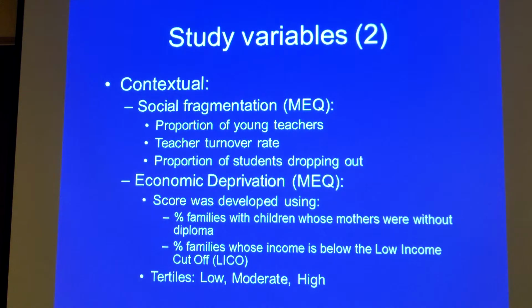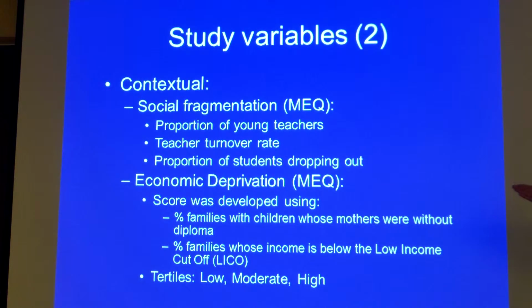In terms of contextual factors, for social fragmentation I used Ministry of Education of Quebec data. These 3 measures, proportion of young teachers, teacher turnover rate, and proportion of students dropping out, were measures of social fragmentation. A summation score was created, and the higher the score, the higher the social fragmentation.